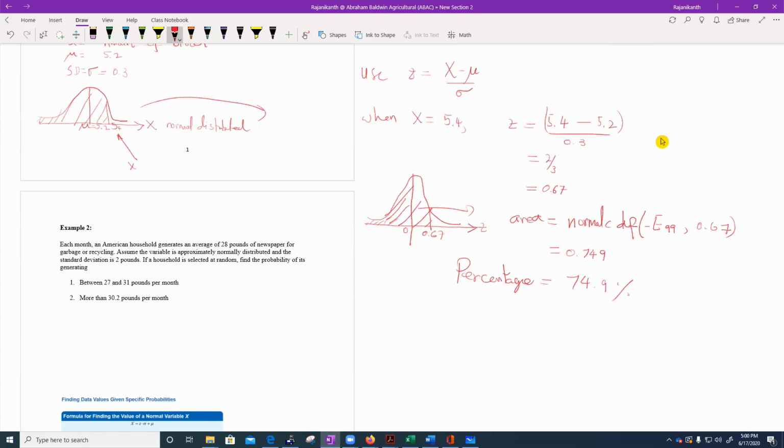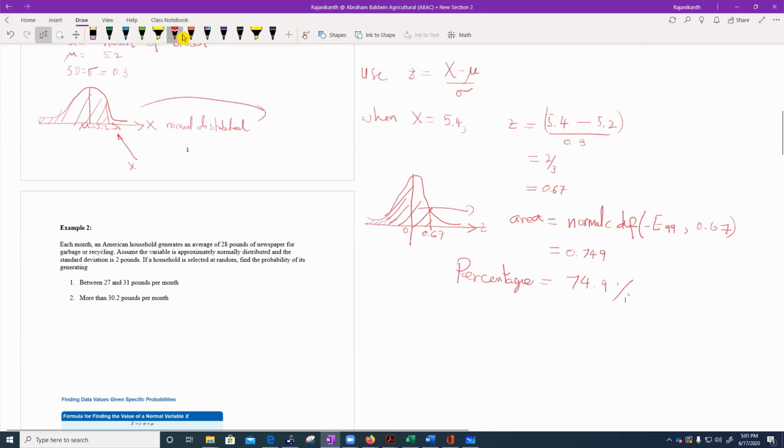Okay, that's the meaning. So this is the way to find it. First, read the question carefully, identify the mean and standard deviation, and draw the picture for the normally distributed value. Then change that into standard normal by using the formula and find the corresponding values, and you will find the area.